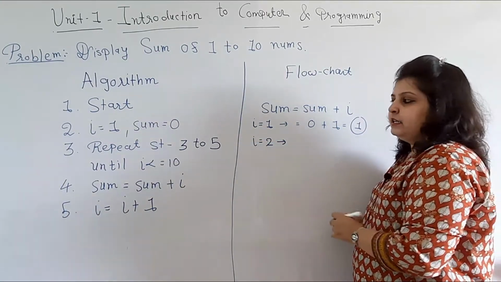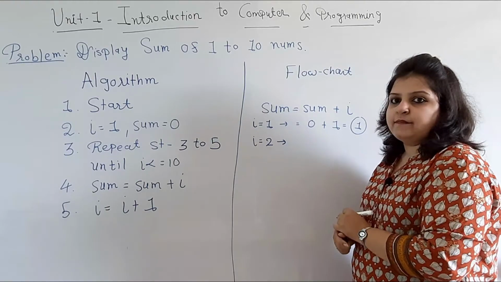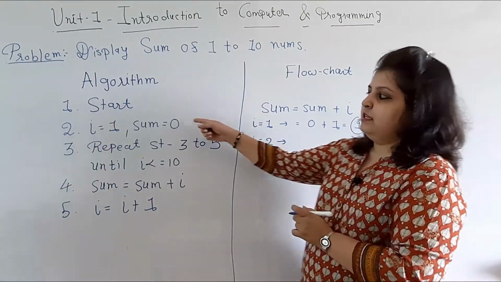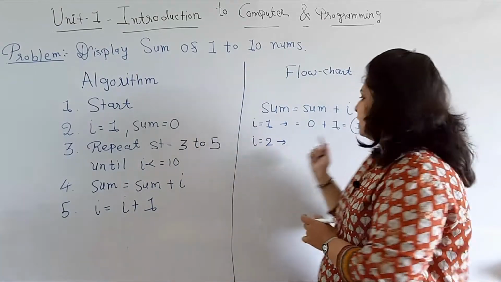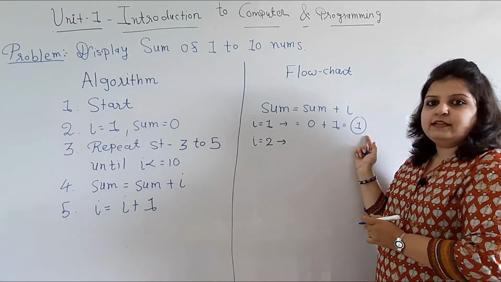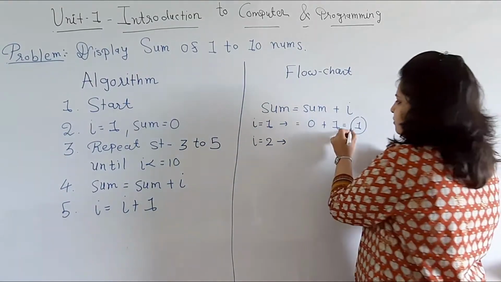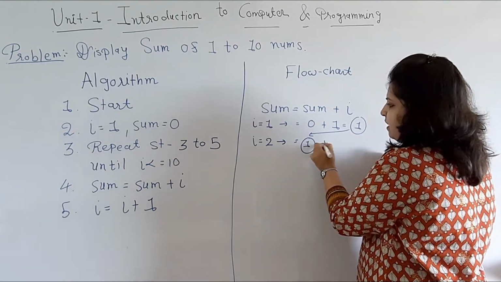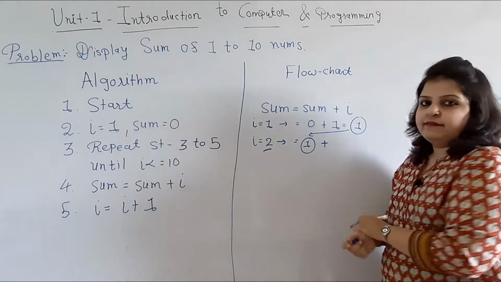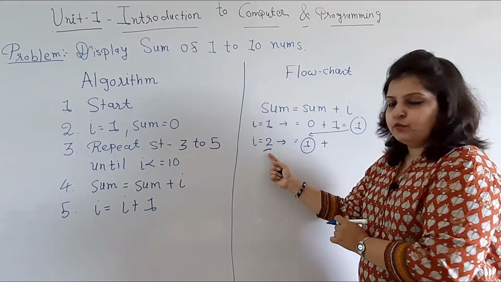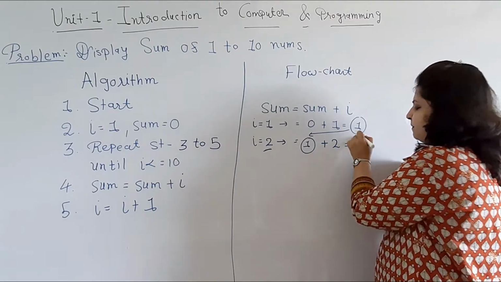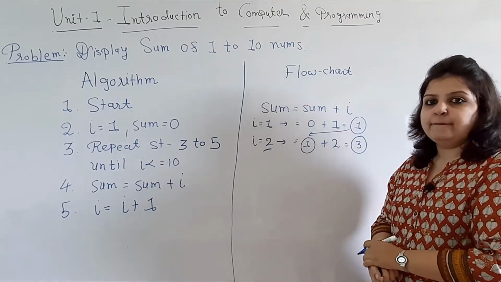Again we execute sum is equal to sum plus I, but now the old values will not be considered. Our updated sum is 1 and our updated I is 2, so 1 plus 2 is performed, and that is 3.